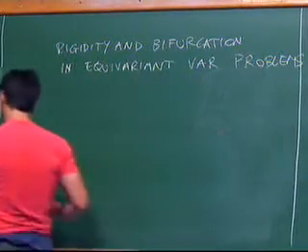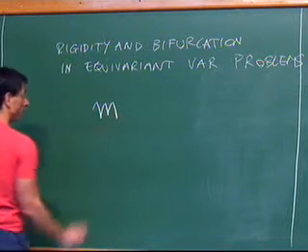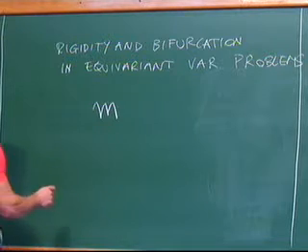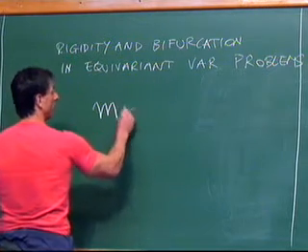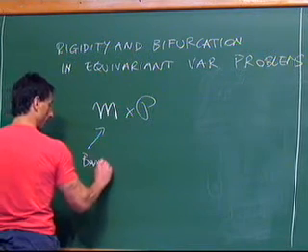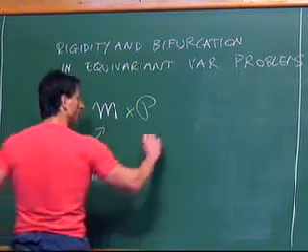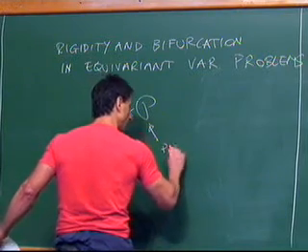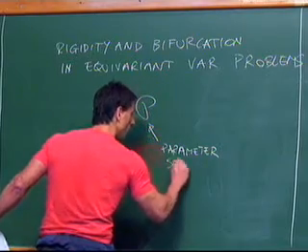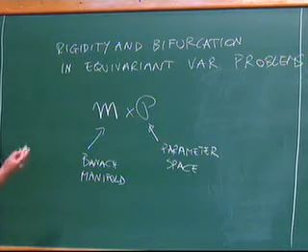The general setup that I will consider is as follows. I have an infinite dimensional manifold modeled on a Banach space, so this is a Banach manifold. I have a parameter space, a set of parameters, which could be, for instance, an open subset of a Banach space or just a topological space.